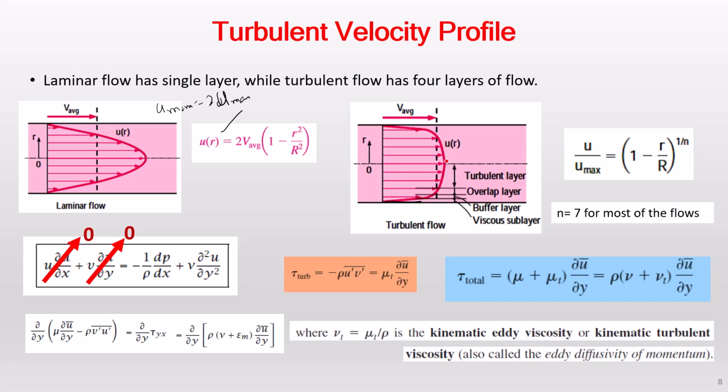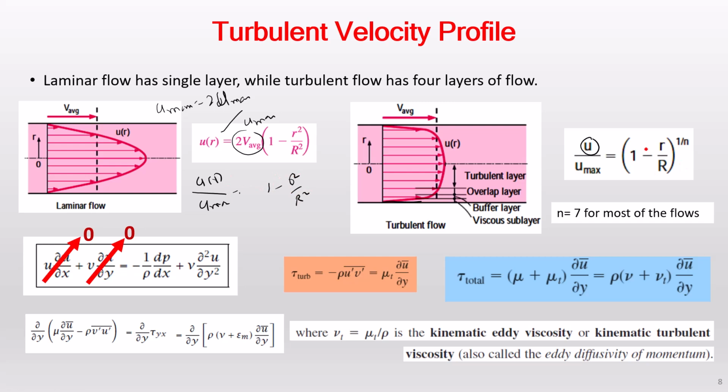And you can also see one kink here, something like a discontinuity. This is a part of the turbulent pipe flow as well, and it is given by the relationship here, where this is the u maximum. So I can write it down: for laminar flow, u upon u maximum, which is also a function of r, is equal to 1 minus r square upon R square.